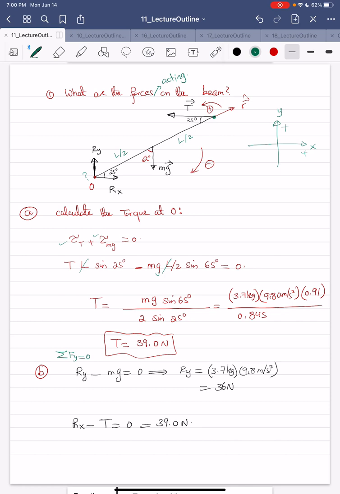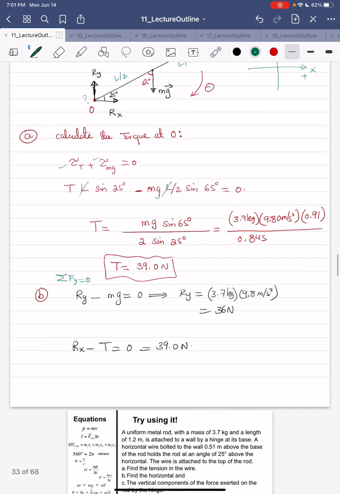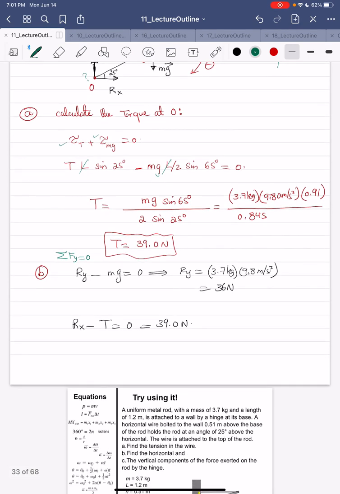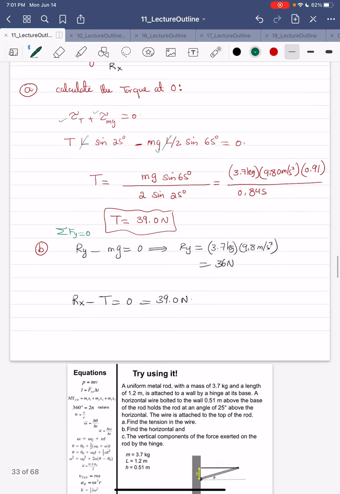I like to consider my positive up and my positive for the X to the right. Then Ry minus mg equals 0, and Ry is going to be the weight of the beam, and Rx minus T equals 0. Then the tension is going to be the same as Rx, and Rx then is going to be 39.